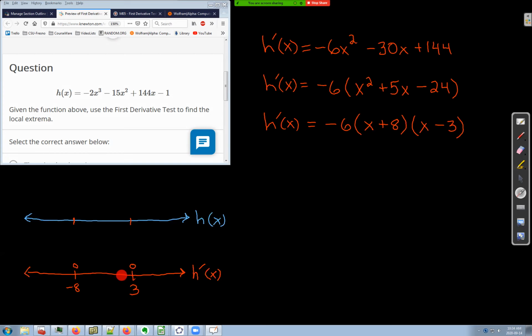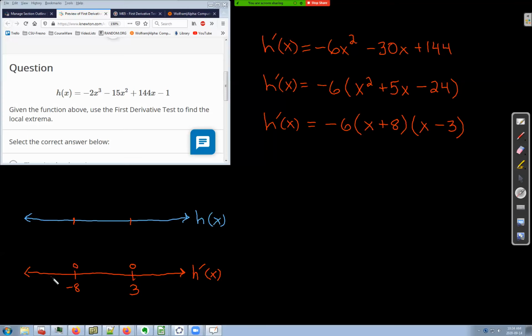Likewise, the derivative will always be positive or always be negative in this region, and similarly for this region, because these are the only places where the derivative can change from being positive to negative. A function can only change from being positive to negative at a 0 or at an asymptote or at a discontinuity. But this doesn't have any asymptotes or discontinuities. So these are the only places.